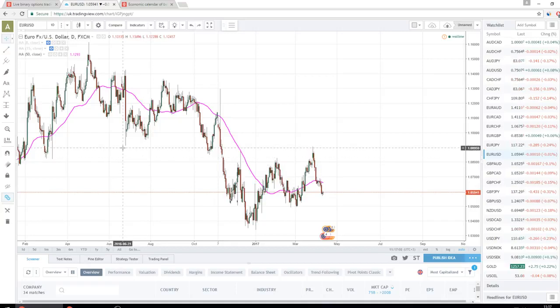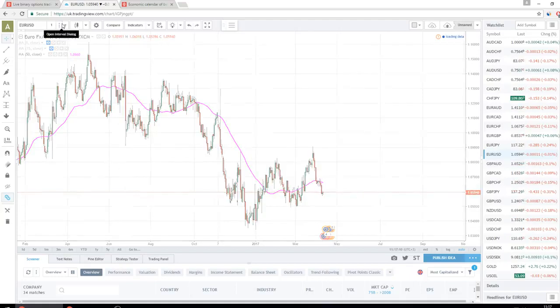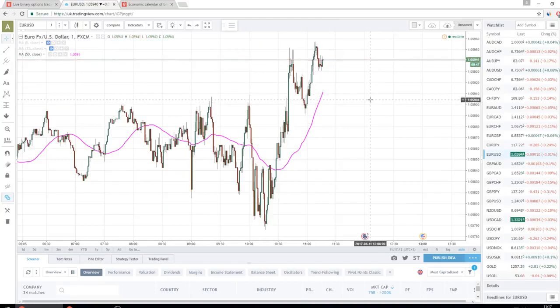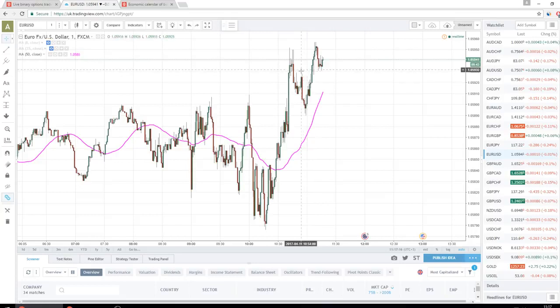So basically you can use it for different periods, because the moving average is such an indicator that basically helps us to understand the trend, the current changes of the smoothed data.